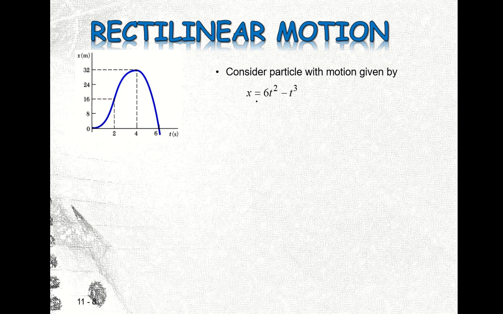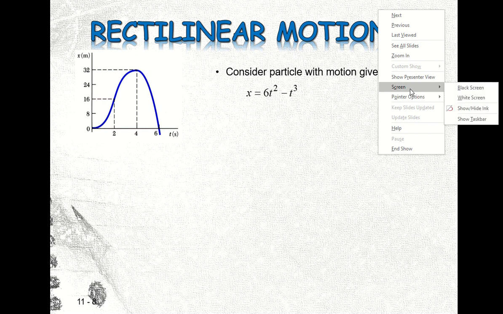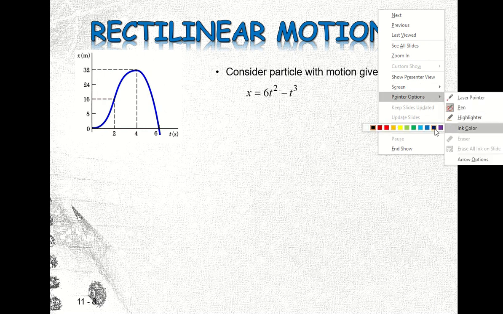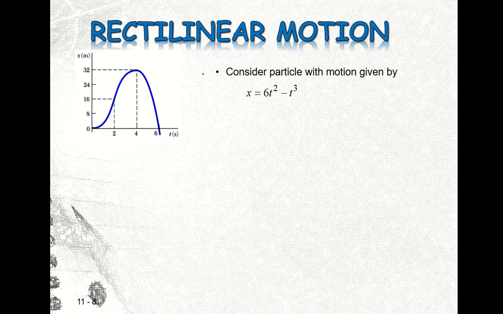When you substitute values, at t equal to 0, 0 squared is 0, times 6 is 0, 0 cubed is 0, so 0 minus 0 is 0. That's why at t equal to 0, the point is here.